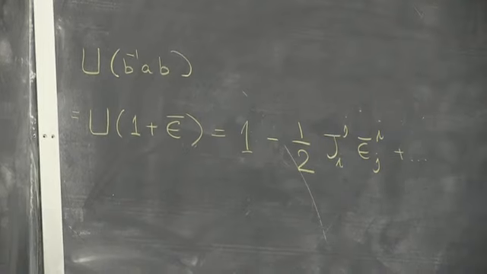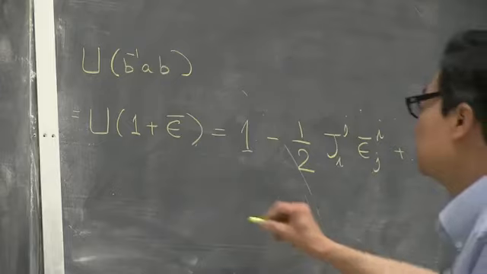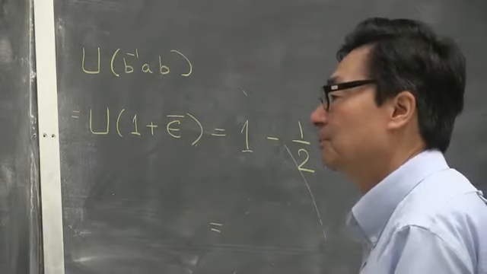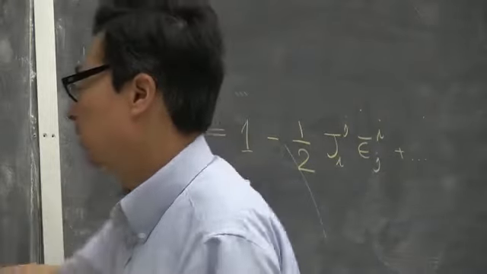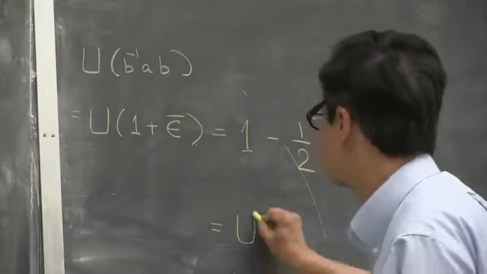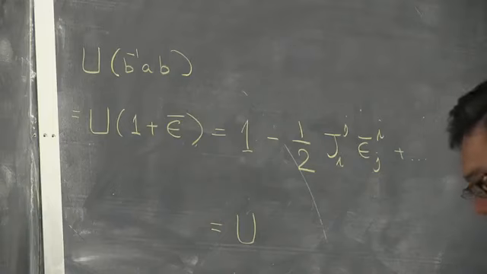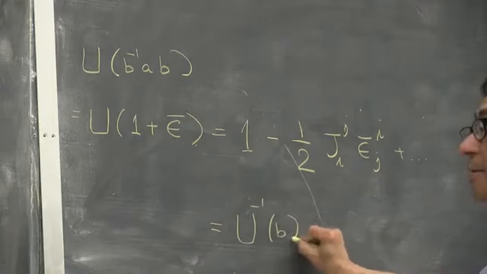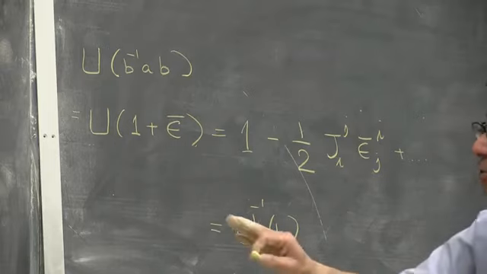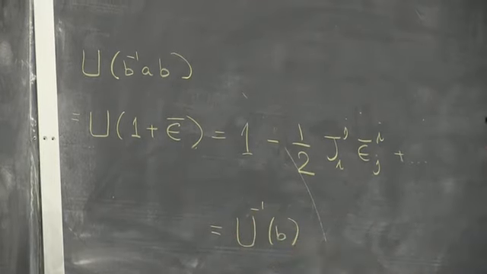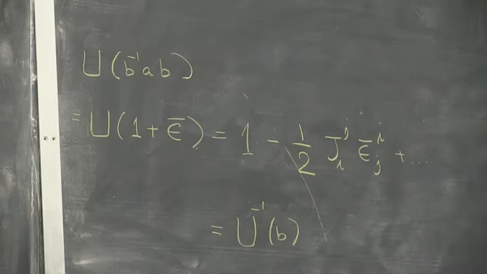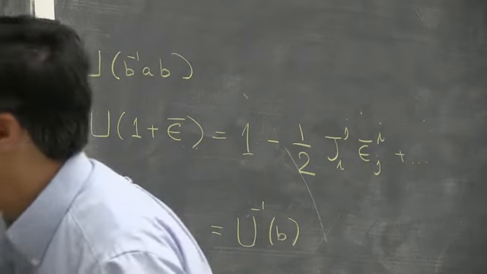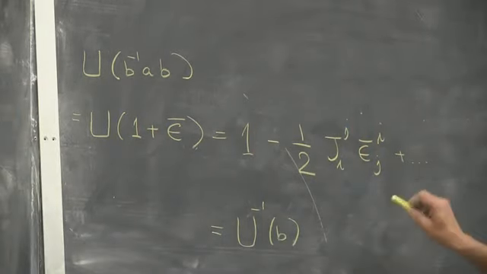And now we will make use of this property in here. Okay? It's in fact equal to this right hand side. This right hand side I'm going to write as U of B inverse, right? We have proved that U of B inverse is the inverse of U of B. That's again a homomorphism result. Now the middle factor in here is U of A. In U of A I can use a similar expression like this.